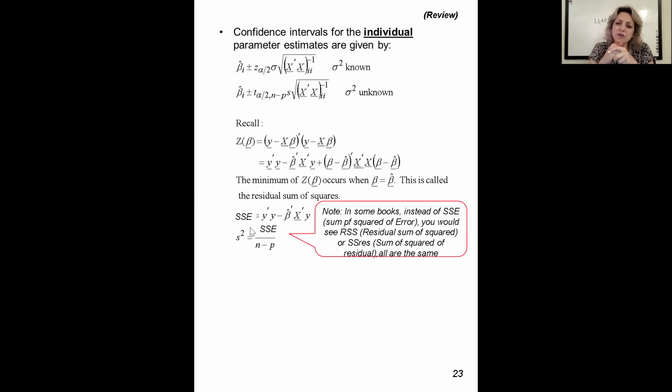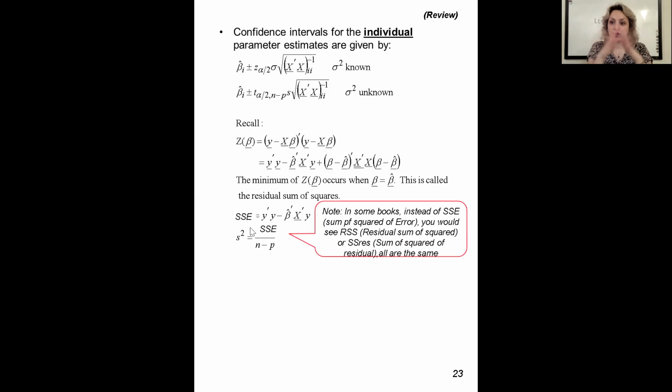Sometimes they write it as residual sum of squares, RSS, instead of SSE, or sometimes SS of the residuals. All of them are okay. I try to write down SSE, but you will see that even in our notes, sometimes I write RSS, or even SSRES, because I want you to be familiar with it. They use error or residual, both are the same.